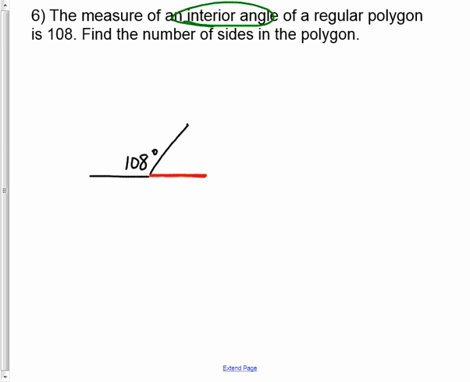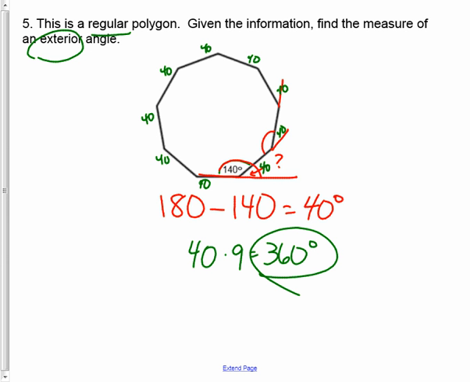And then after we find the exterior angle, we can take 360 divided by that in order to figure out the number of sides. So if you look previously, remember when I did that, I said, okay, if this is 40 degrees right here, I take that number times the number of sides, and that will give me 360. So I'm going to work backwards, right?